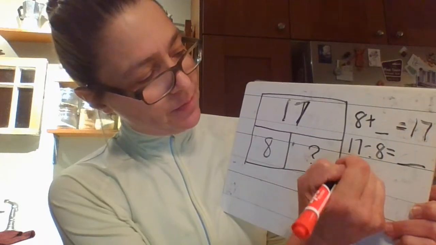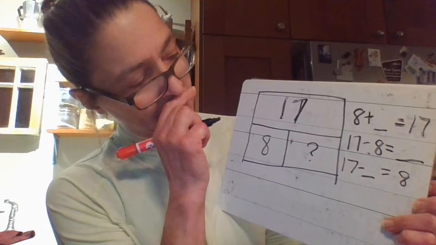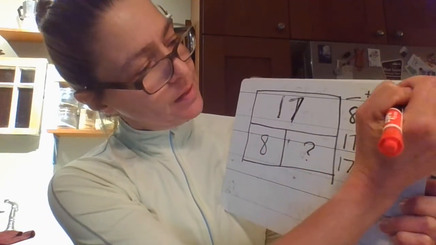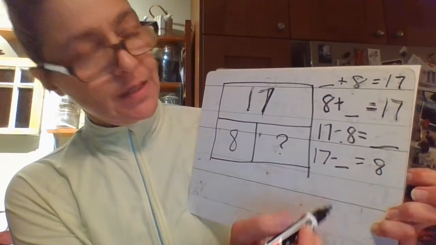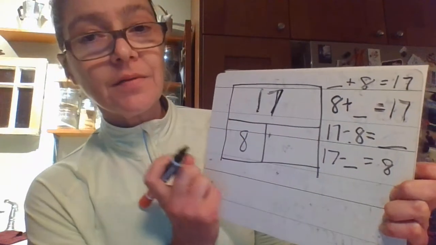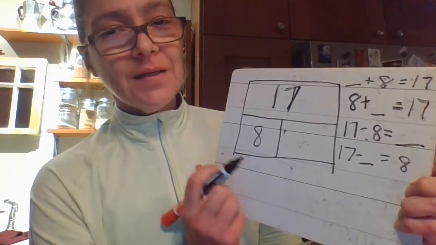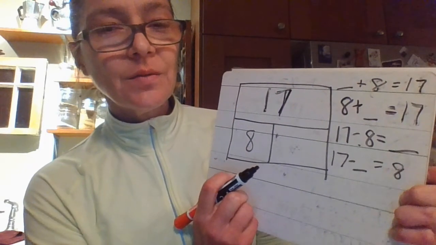And then we think about 17 minus something equals 8. And the other one is something plus 8 equals 17. So we have the whole fact family here, and we're just missing this one part. So we can count up, or we can count back. We can use our cubes. We can use our counters.